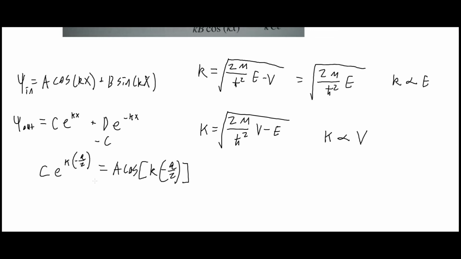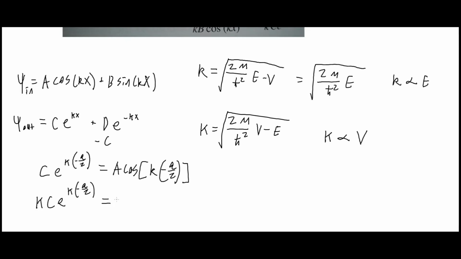And then we also want our first derivative, which is kappa c e to the kappa minus a over 2. And like I said, this will be the same thing on the positive a over 2 side. I'm just not going to write that out.